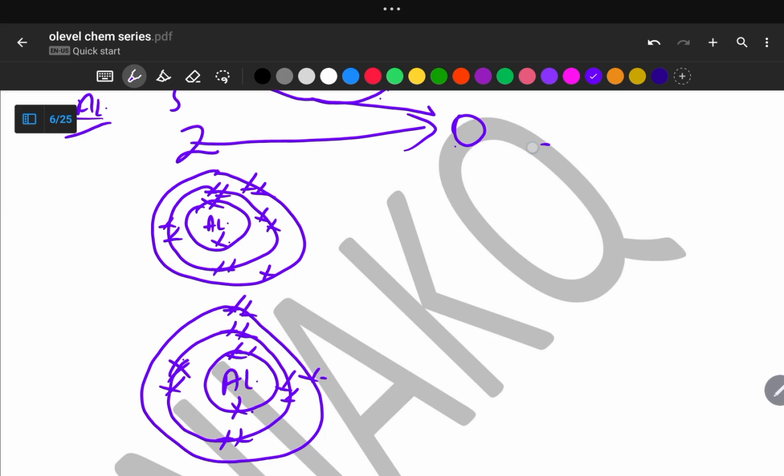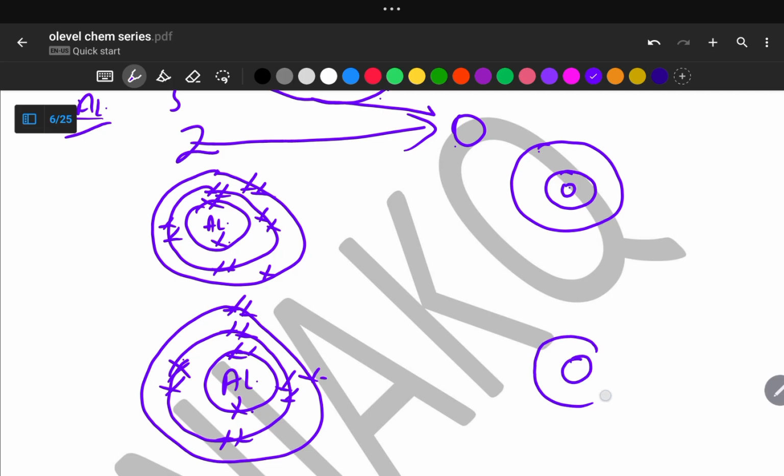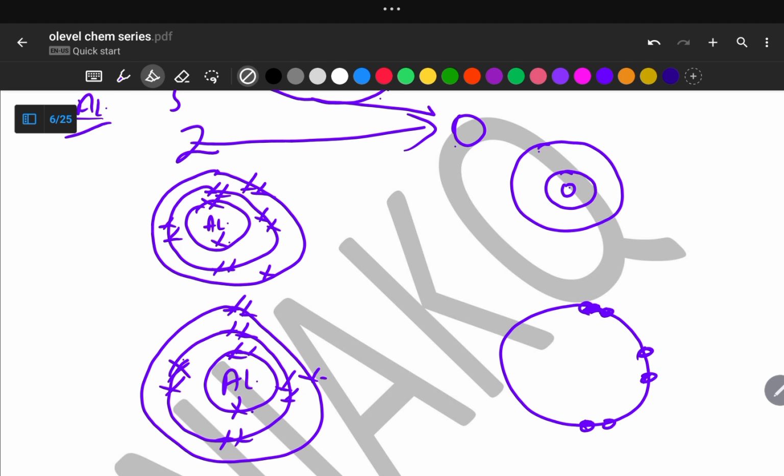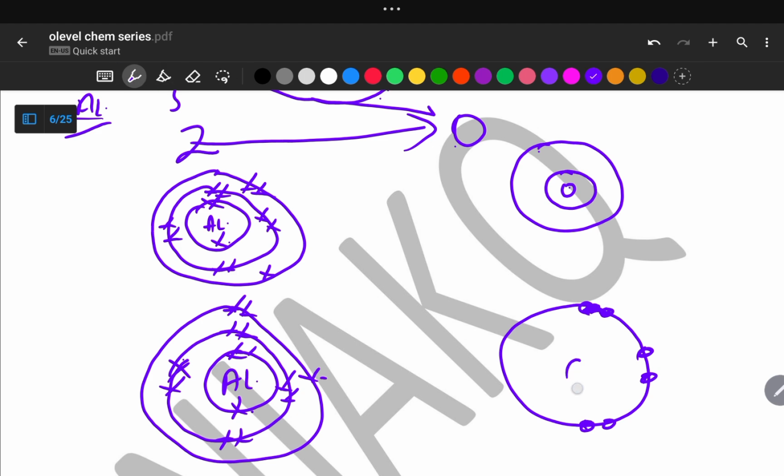And then we are going to have oxygen, right? Oxygen with 6 electrons in the outermost shell, right? Are we together, guys?